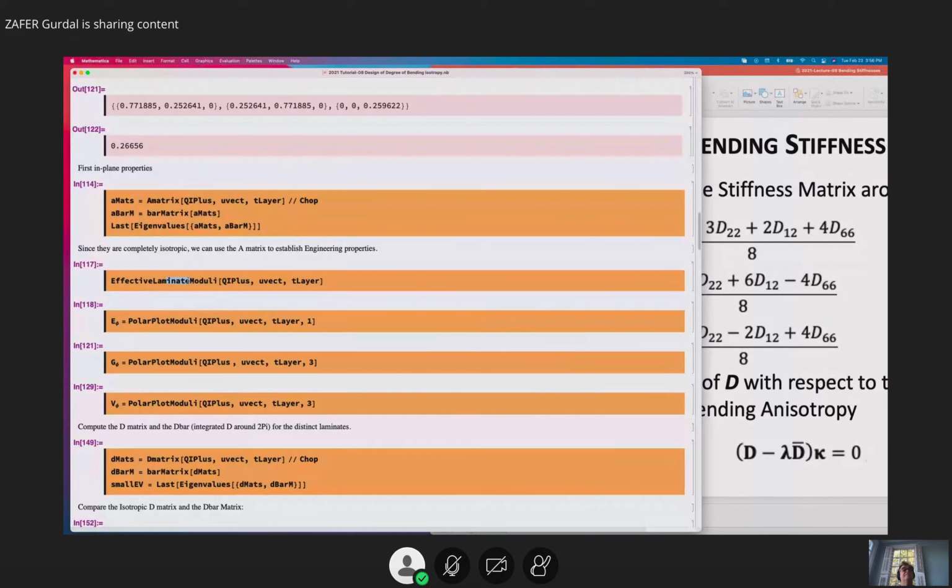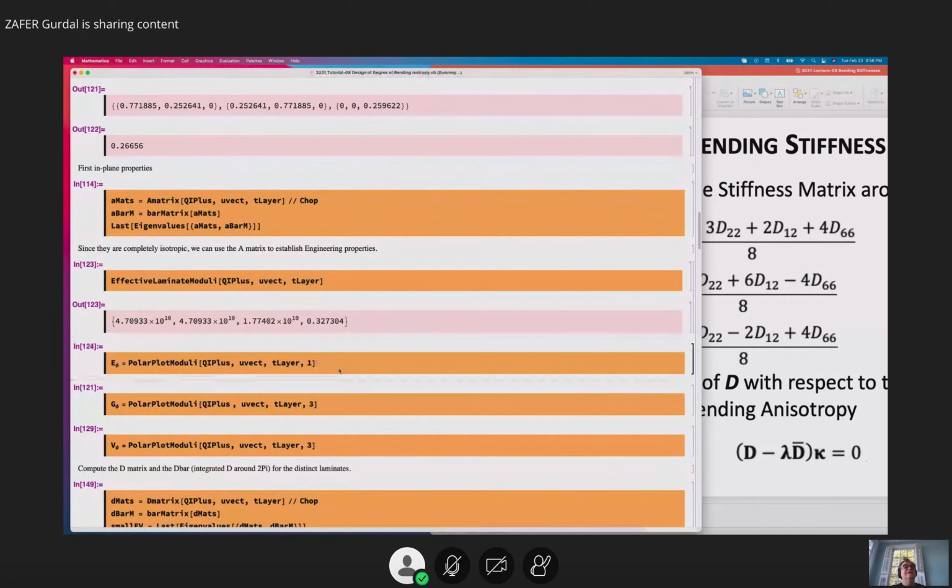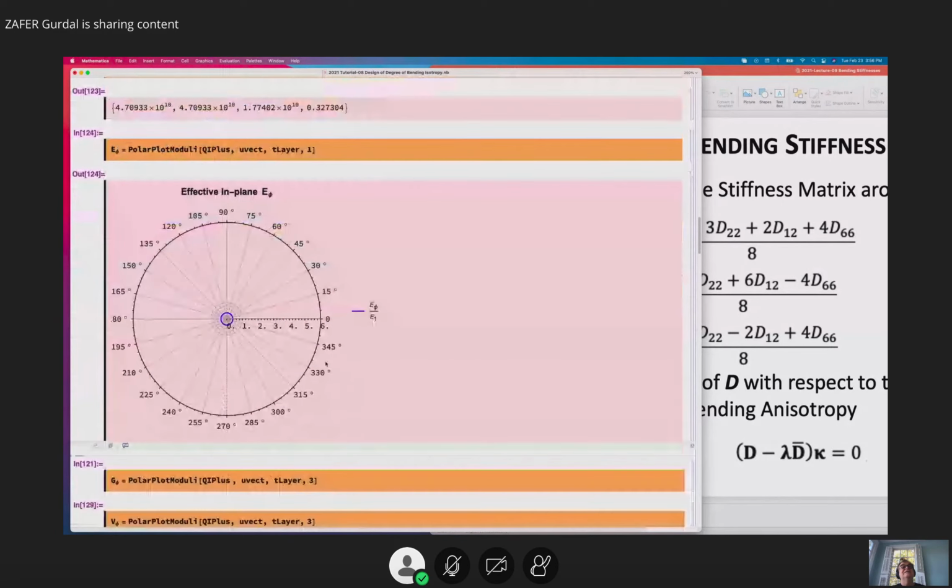Effective moduli. I can do the effective moduli of this layup. This is EX, EY, GXY, nu XY. You see EX and EY are the same. The polar moduli of QI plus is basically a constant, a small circle, because I think this is kept as 6.